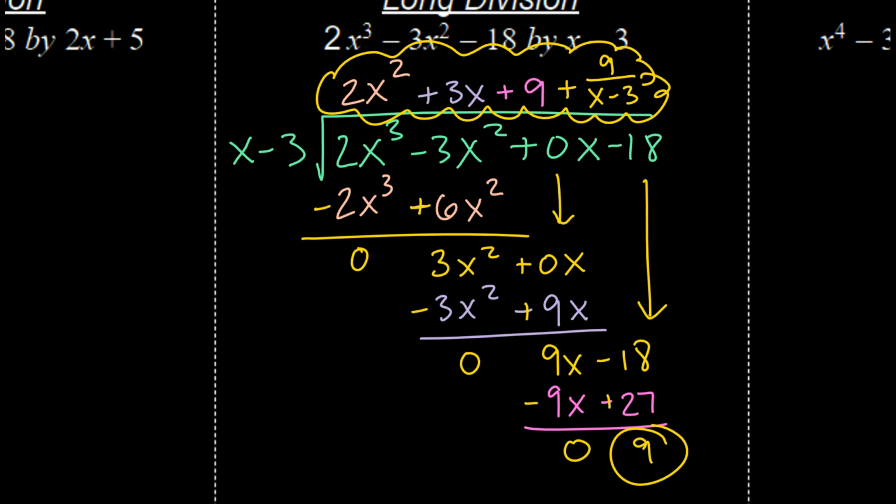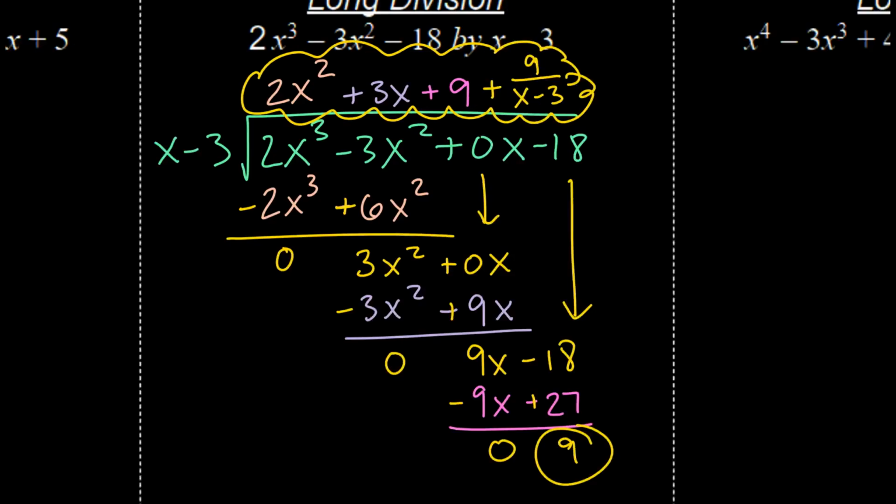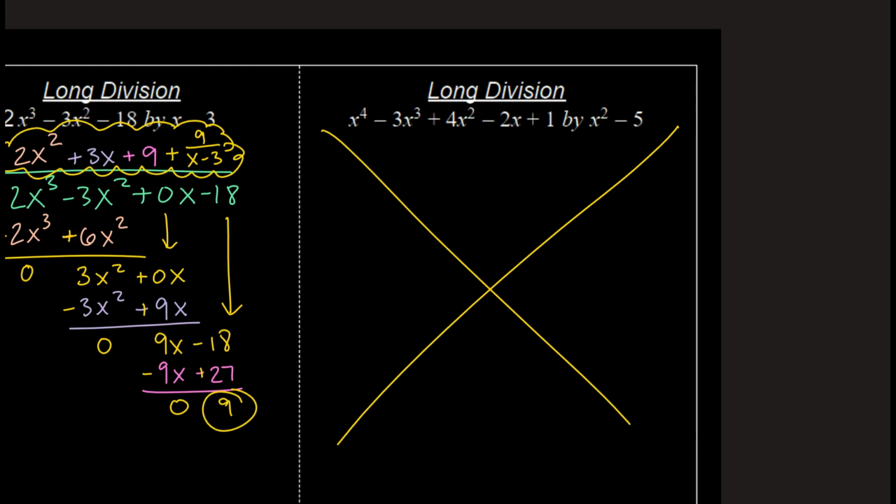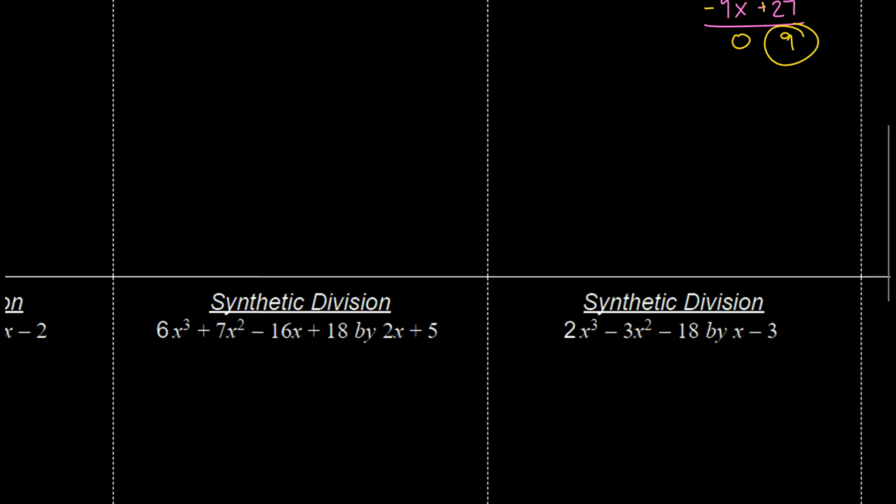All right. So we are not going to do this long division. We're not expecting you to divide by anything besides a plain x. So we're going to skip right over that x squared minus 5. And now I am going to show you an easier way to divide.